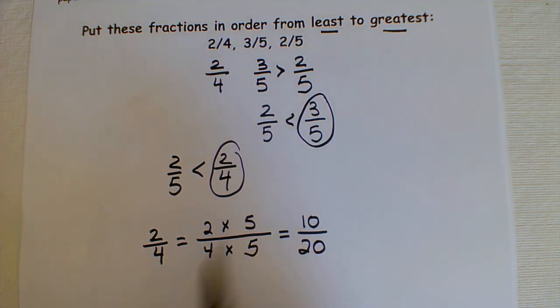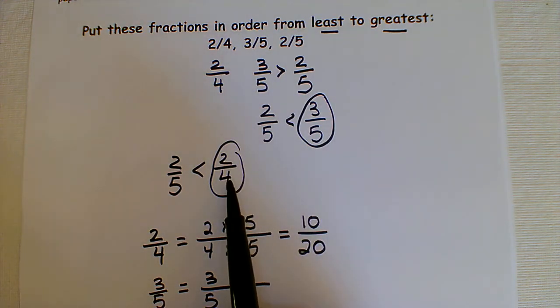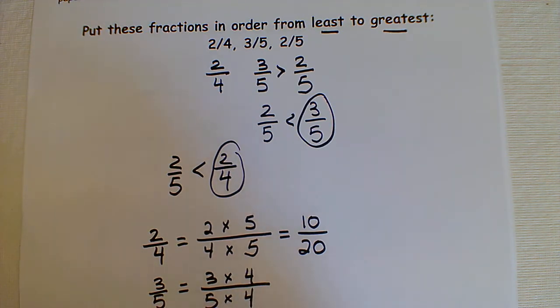Now I need to do the same thing with 3/5. I'm going to start with 3/5, and then multiply by the other fraction's denominator, so times 4, and whatever I do in the denominator, I must do in the numerator. 3 times 4 is 12, and 5 times 4 is 20.